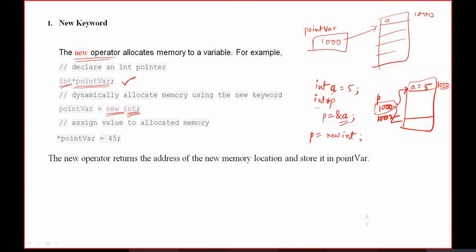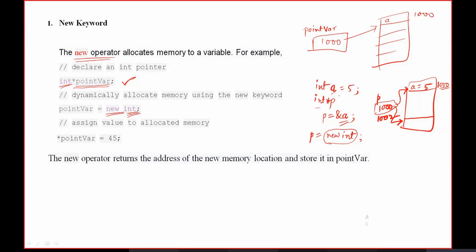Now p is pointing at some unknown, unnamed location, I would say. But is it of the same type? Yes, int type. So I'm reserving a space of integer type and then I'm making p point at whichever location I have reserved. Understood? Clear?